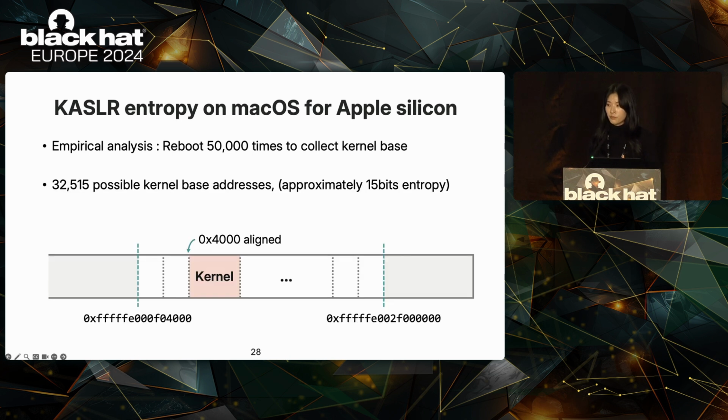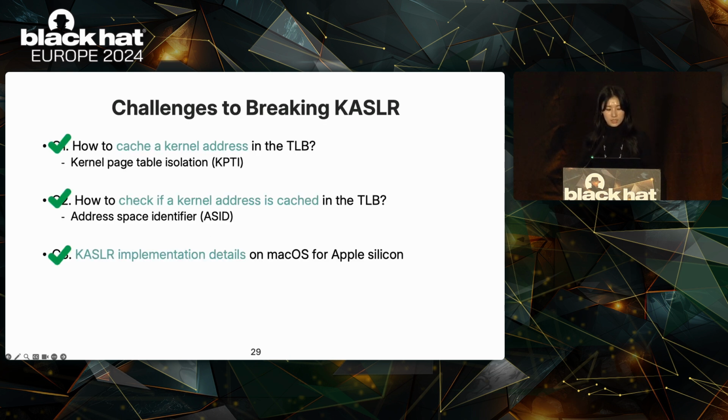Through this process, we found that the kernel base address falls within the range shown in the slide and is aligned to 60 kilobyte boundaries. This means there are roughly 32,000 possible kernel base addresses, and we use this finding as the foundation for our attack.